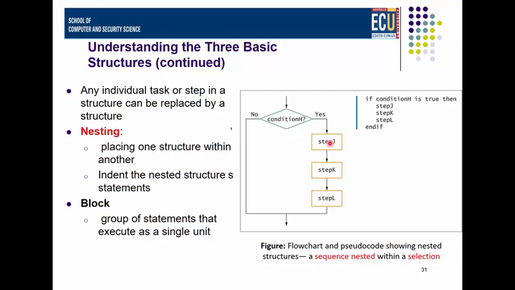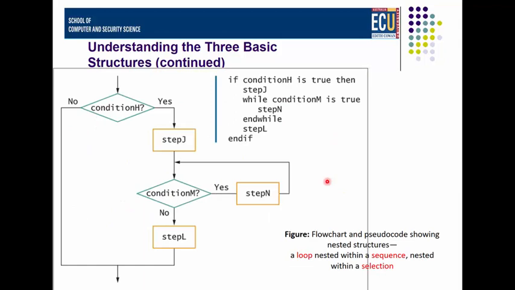Okay, so we can nest them as well. We can also call this a block of statements, and within that sequence we can nest a loop as well. So they can be stacked on top of each other, and we can also nest them.